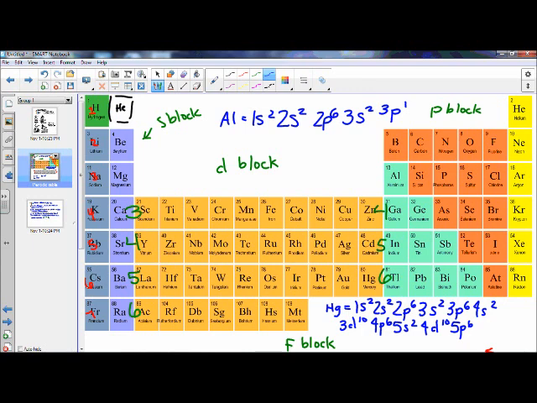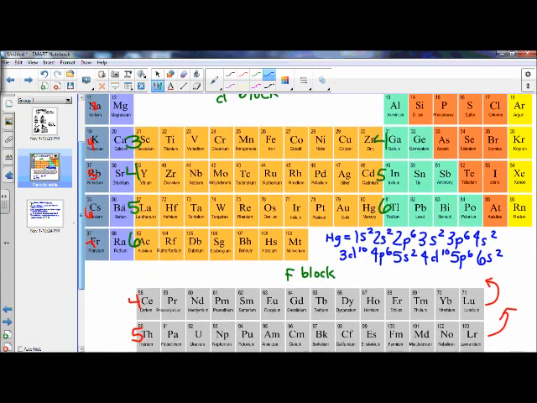Okay, almost there. Row 6, back to the S block. 2 more here, so 6S2. Go down a little bit. Now, we can't go directly to 5D. We got to drop down here and do these first.